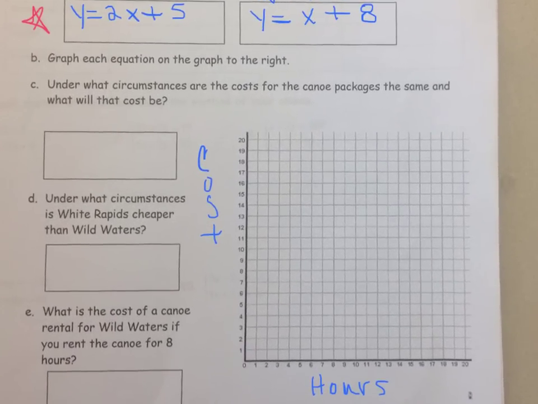To graph equations, you start with the y-intercept, which is 5 for Wild Water. Start here. And then I form my slope, which is 2. So I go up 2 over 1, up 2 over 1, and so on. Now you're going to connect this line.